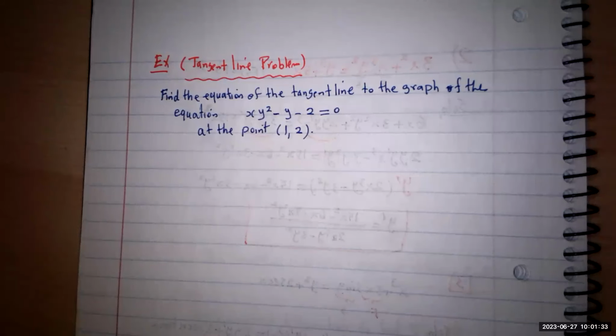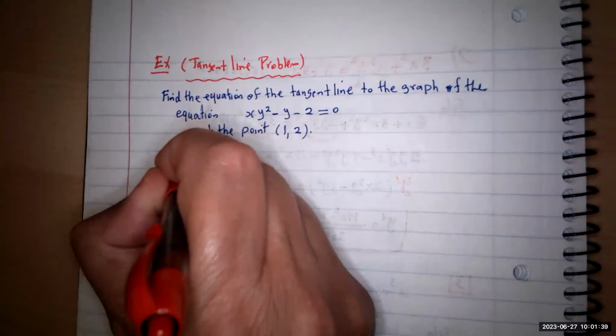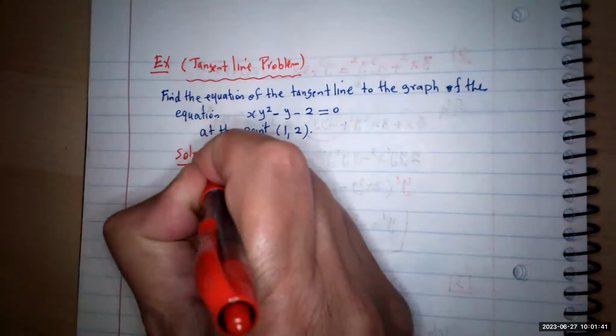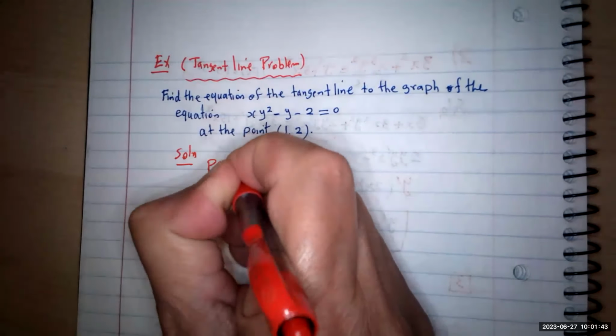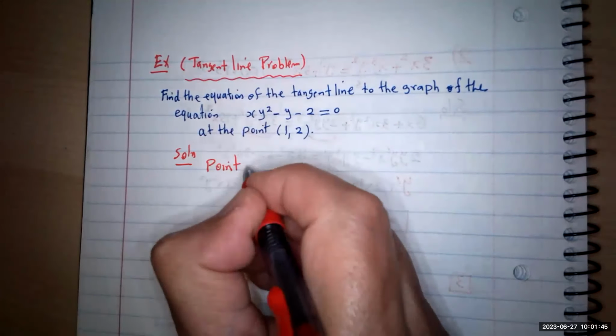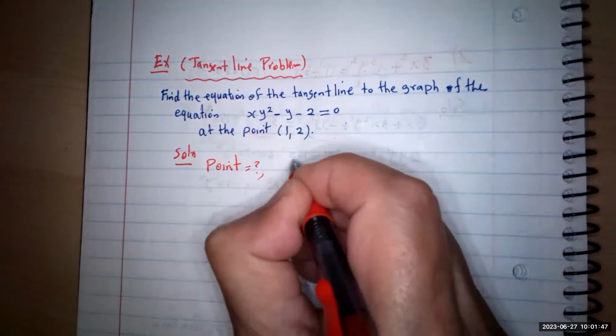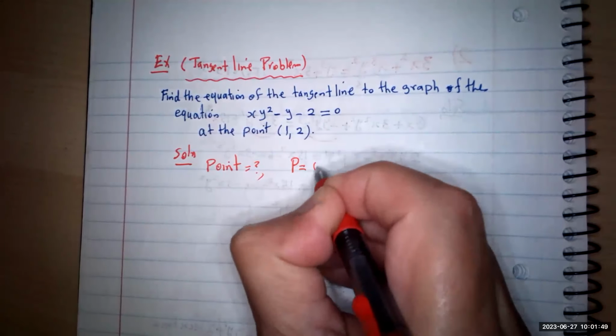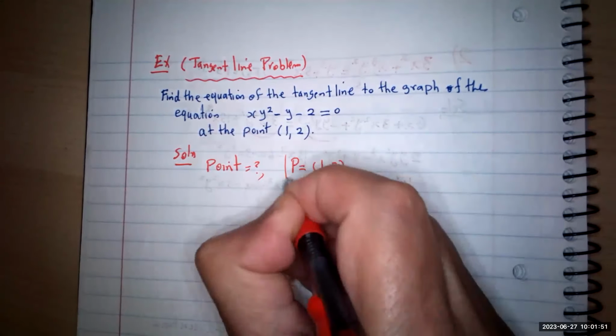It's a tangent line problem. You know what to do. You need a point. The point is already given to you, so you have nothing to worry about the point. You call it P, which is (1, 2). So this is going to be your point.